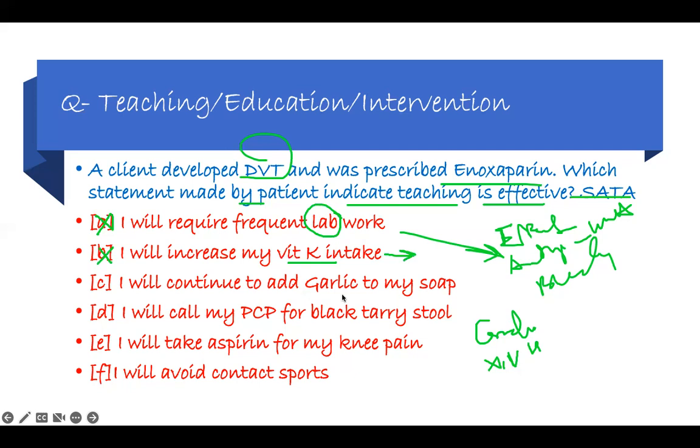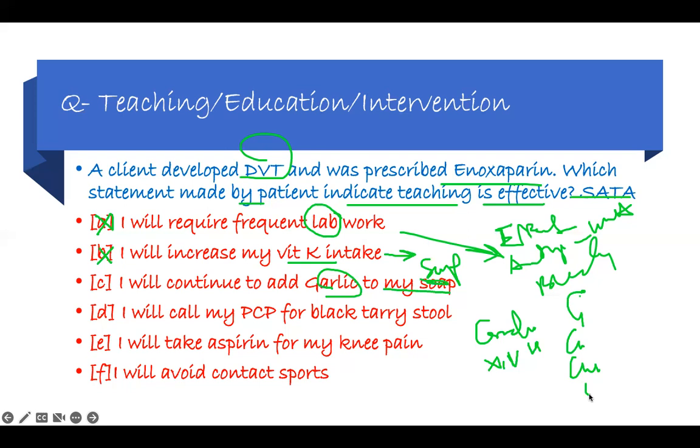"I will continue to add garlic to my soup." Well, I call them the 4 Gs: garlic, ginseng, ginkgo, and then one more. I forgot, it's not coming.